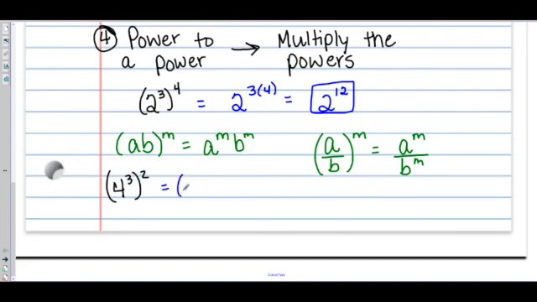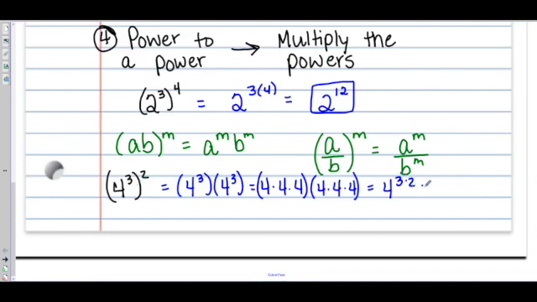So this could also be written as 4 to the third times 4 to the third, which if you evaluate this, ends up being 4 times 4 times 4 times 4 times 4 times 4. And so what's happening here is you multiply the powers. So it's actually 3 times 2, and that gives us 4 to the 6th power. And if you were to count them, 1, 2, 3, 4, 5, 6, yep, there's 6 of them.